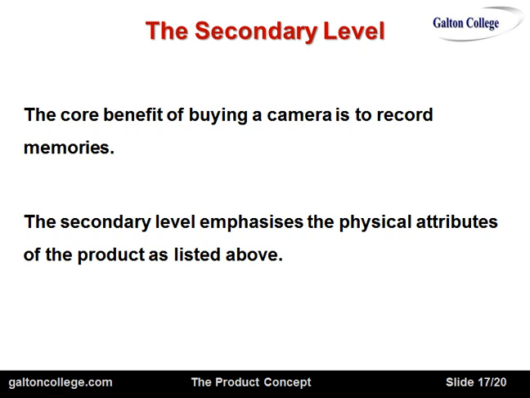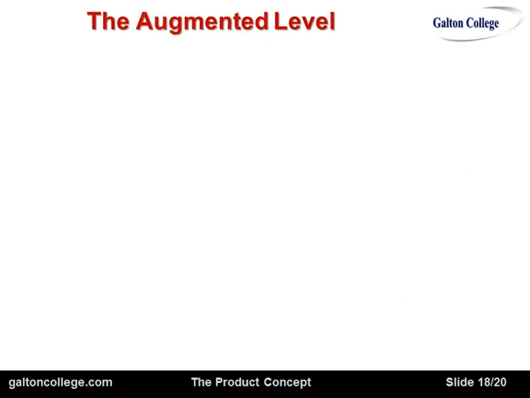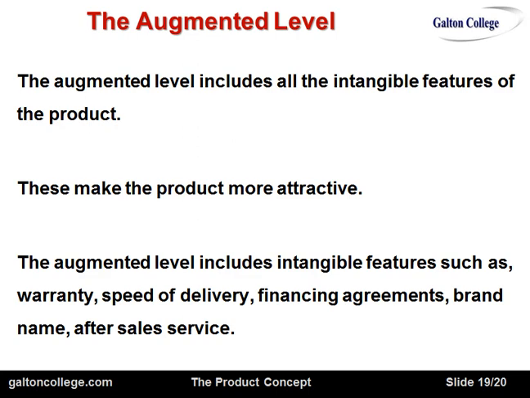The second level emphasizes the physical attributes of the product, and this is what probably influences the purchaser to make the purchase. The augmented level includes all the intangible features of the product. These make the product more attractive. The augmented level includes intangible features such as warranty, speed of delivery, financing, brand name, and after-sales service.